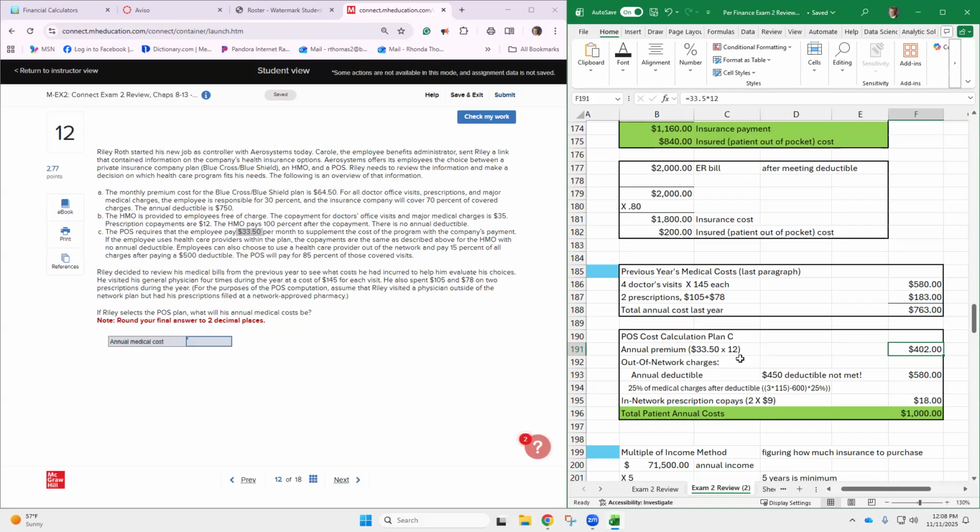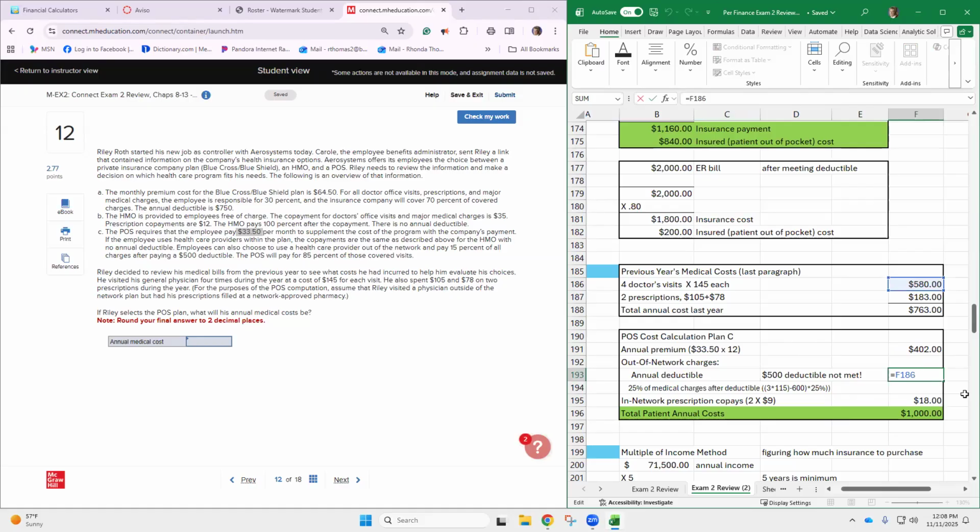The annual deductible. We may not have met the deductible. Some of you will meet your deductible, some of you won't. My annual deductible for Plan C is $500. So I'm writing that down and putting in $500.